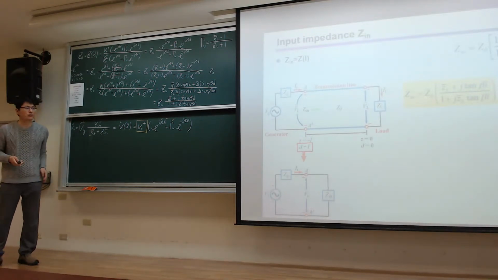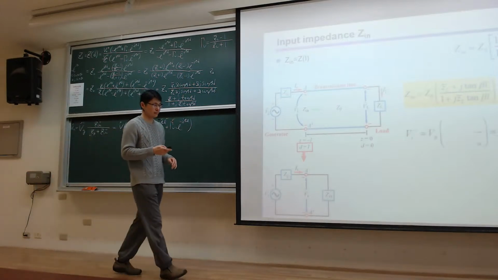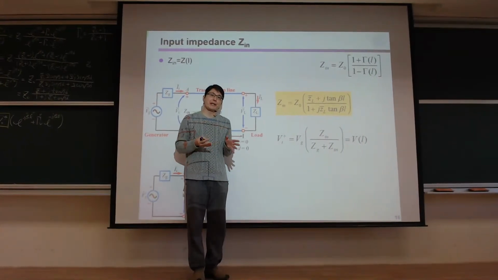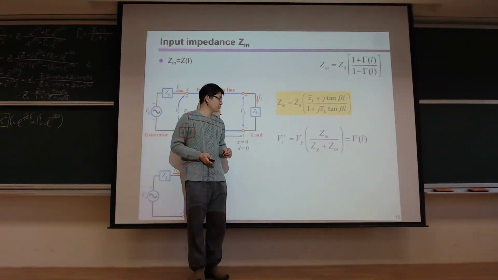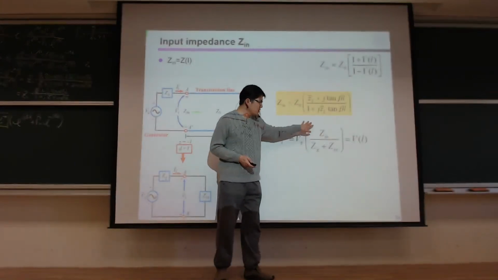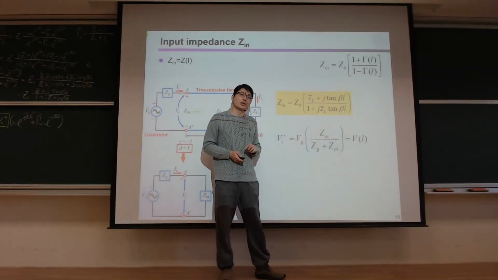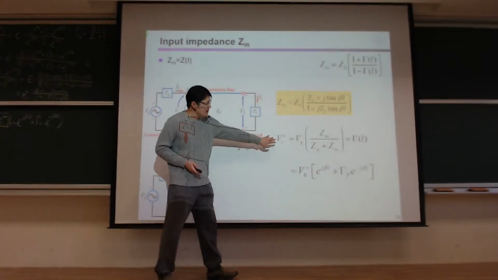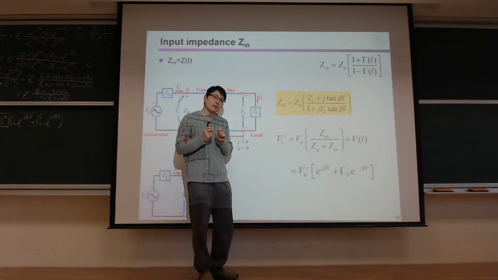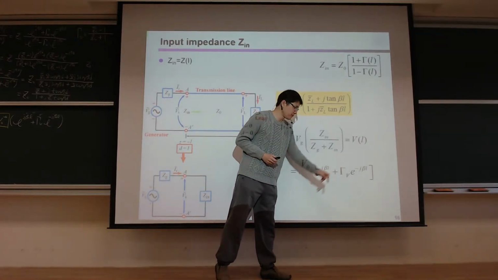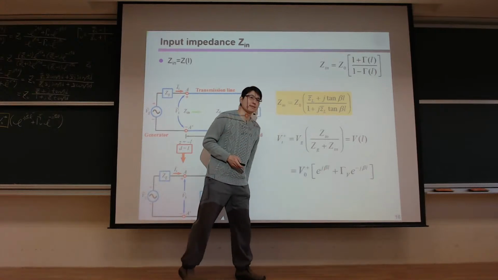Okay, so let's come back to the PowerPoint. This is, again, just to repeat what I wrote on the blackboard. My input voltage is determined through the voltage division. And then that voltage is my total voltage phasor at the distance of L, equal to that.